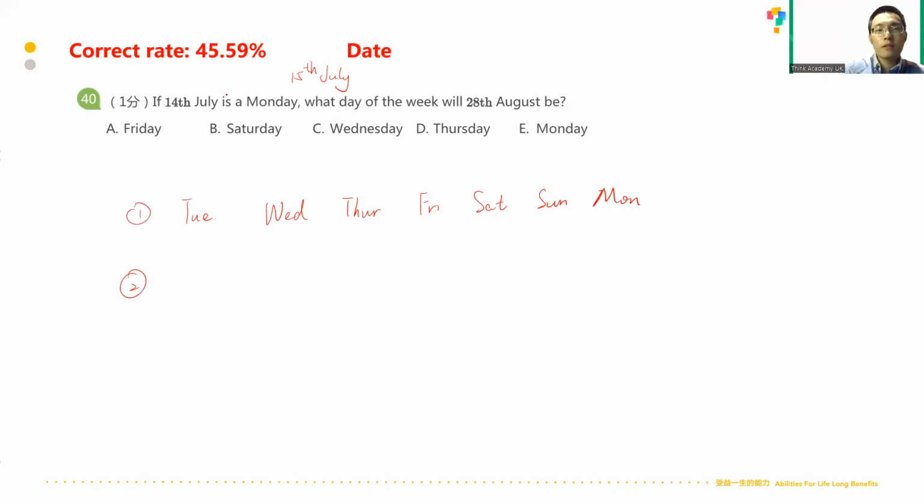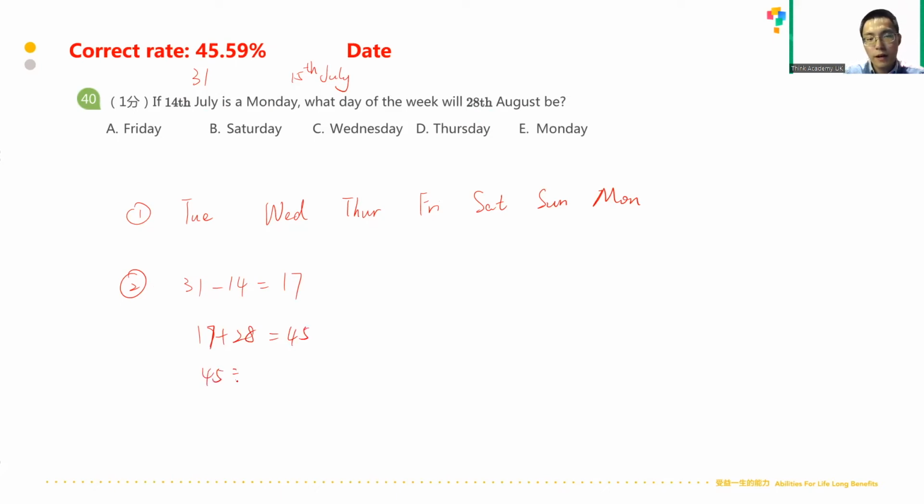The second step is 14th of July. How many days do we have left in July? There are 31 days in total in July. Then we will have 31 minus 14, and that will be 17 days. We have 17 days left in July, and till 28th of August, we have 28 days. So 17 plus 28, we have in total 45 days.